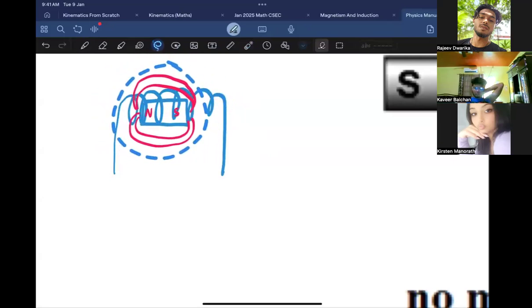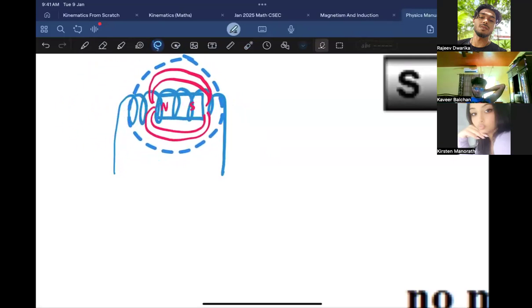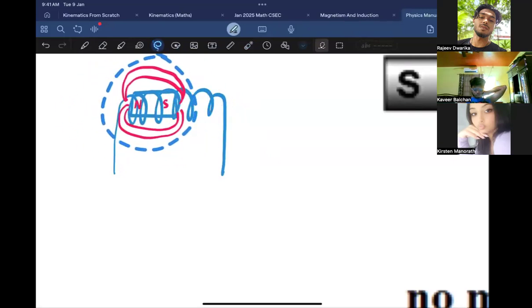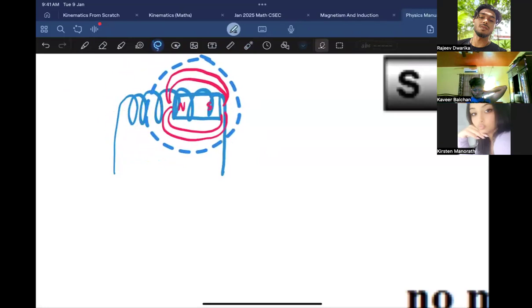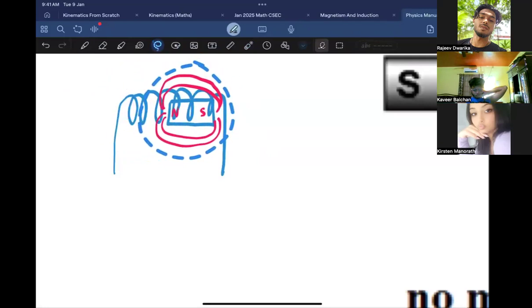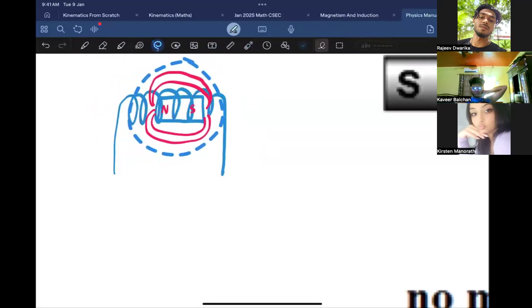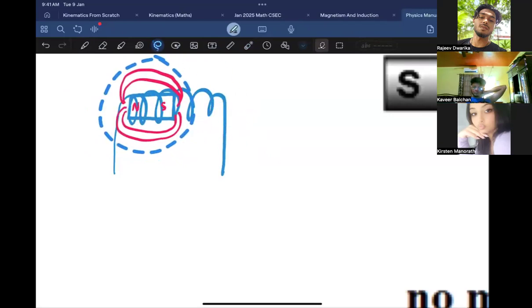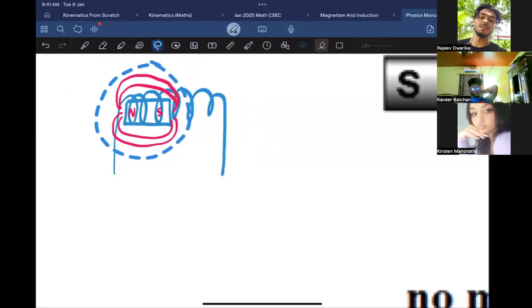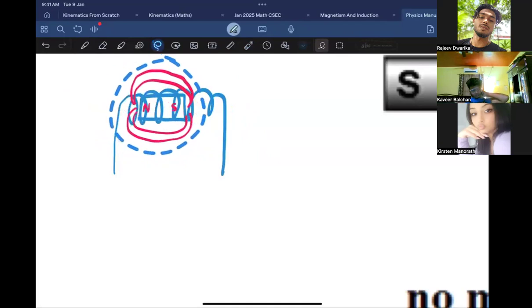Is it in the same position or is it moving? If there's a change in magnetic field, then you would have an induced EMF. So Justin, you were wrong. If I move the magnet in the solenoid, it will generate an EMF because there's a change in magnetic field.